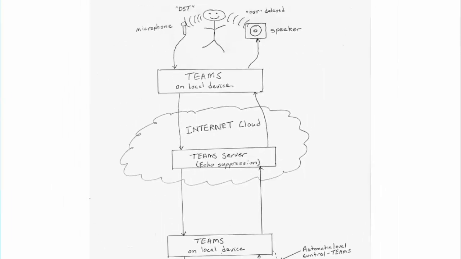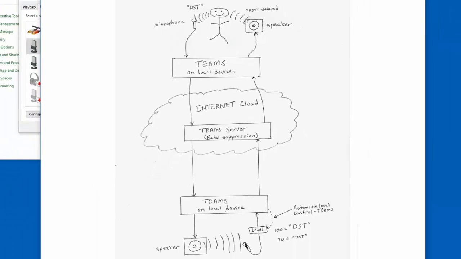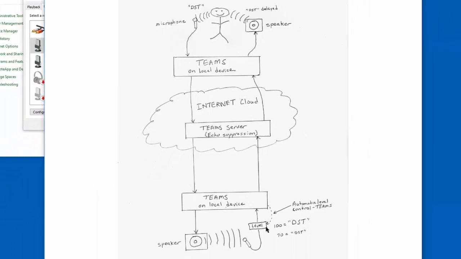When I go from a level of 100 on my mic to a level of 70, that reduces the level of the DST phrase sufficiently that the echo suppression somewhere in this chain, I'm just guessing at the server, causes the secondary echo not to be generated at Susan's end, nor at any other person who's listening.